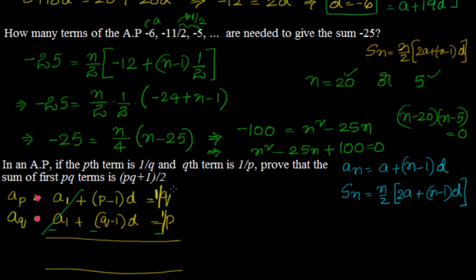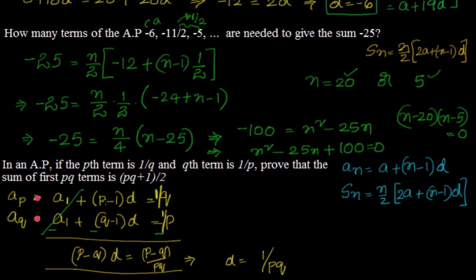Okay, right. When I subtract them, what I will have is p minus 1 minus q plus 1. That means p minus q into d is equal to 1 by q minus 1 by p, which is nothing but equal to p minus q by pq. If you solve this, you will get d equal to 1 by pq.